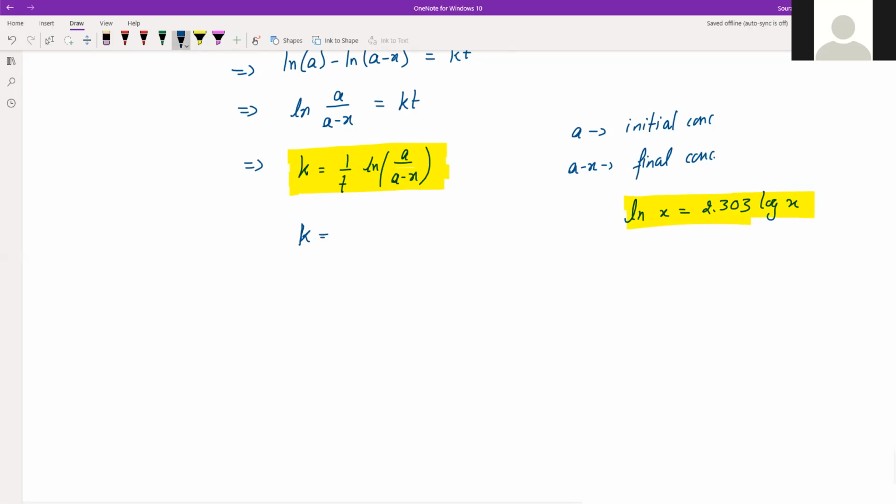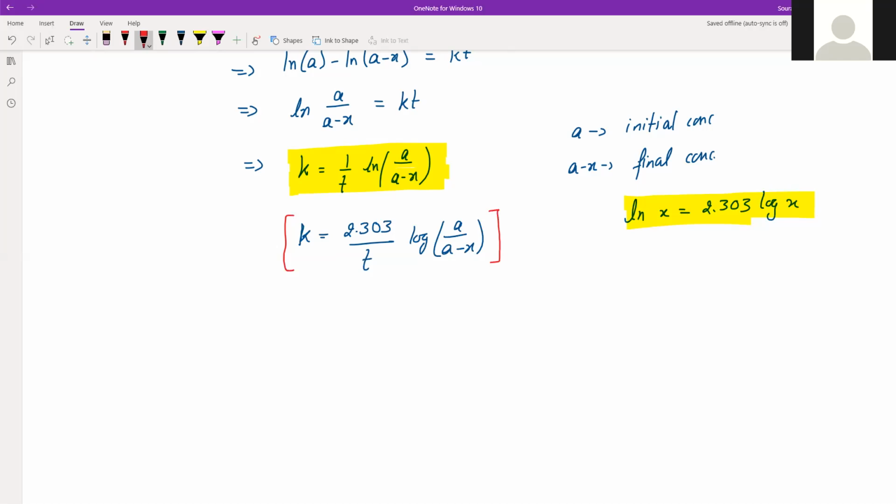So we'll use the same thing here, and this becomes 2.303 divided by t, log of a divided by (a minus x). So this is also the formula for k in a first order reaction using common logs.